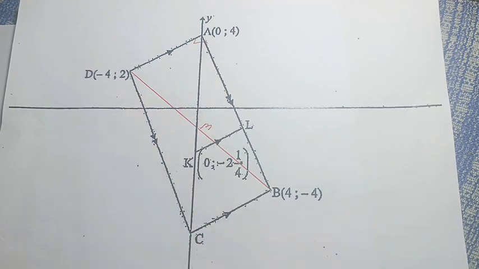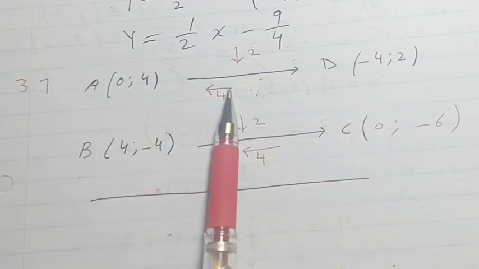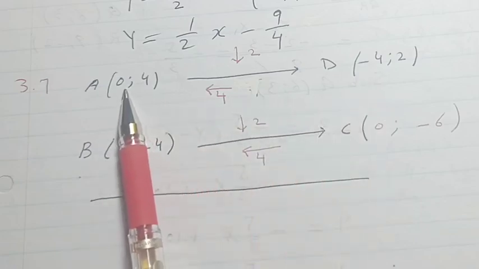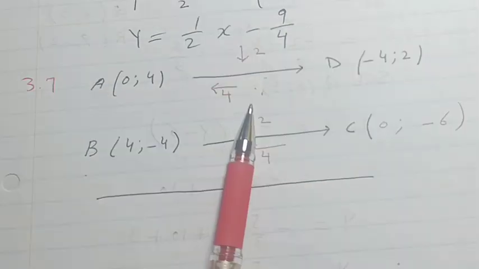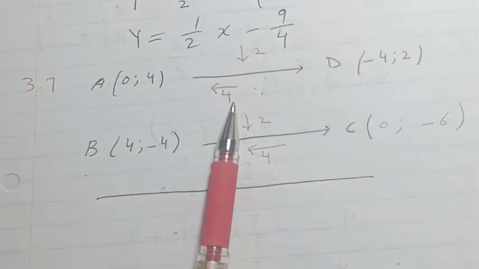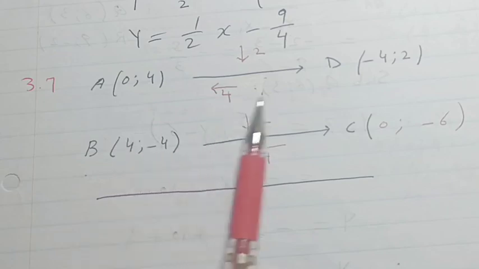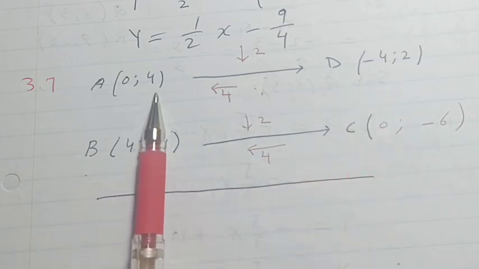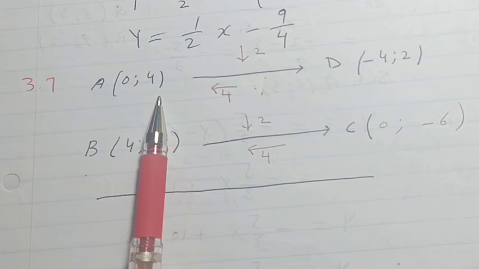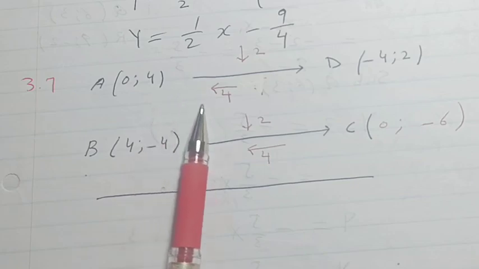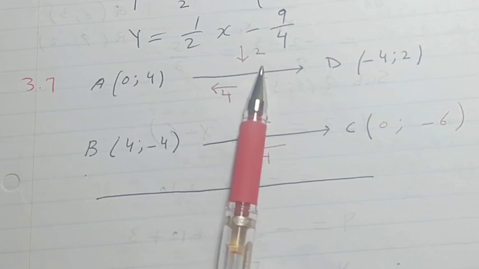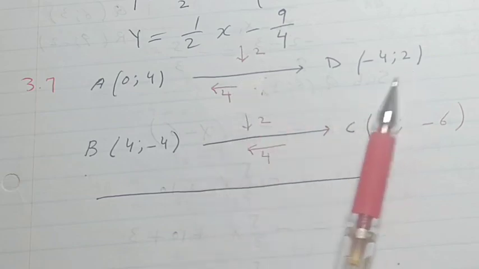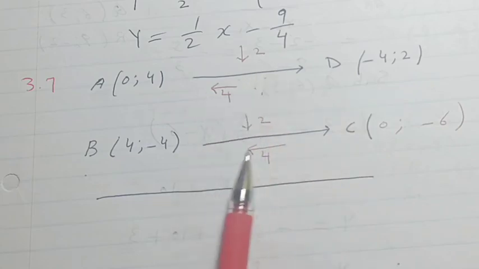Now how do you write it? From A to D, the change in x is minus, the arrow shows left, so minus 4. The change in y is also minus, the arrow shows downwards, so minus 2. Exactly the same thing I'm going to do here.